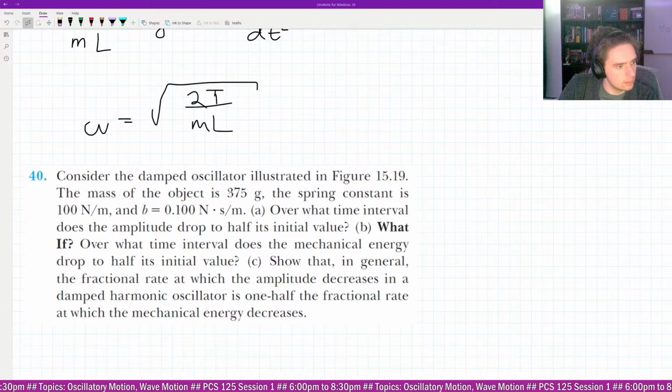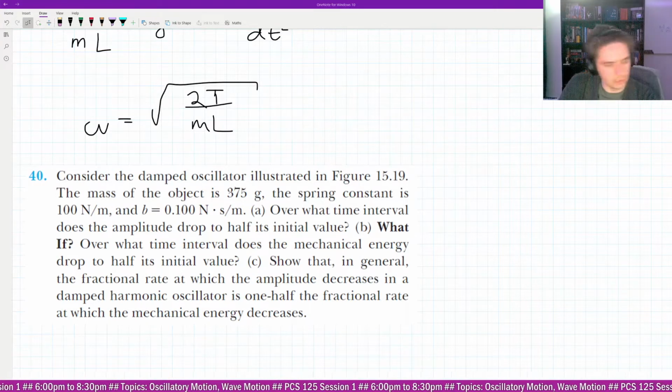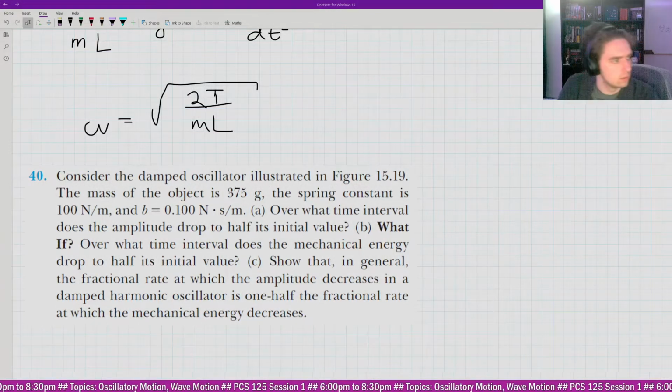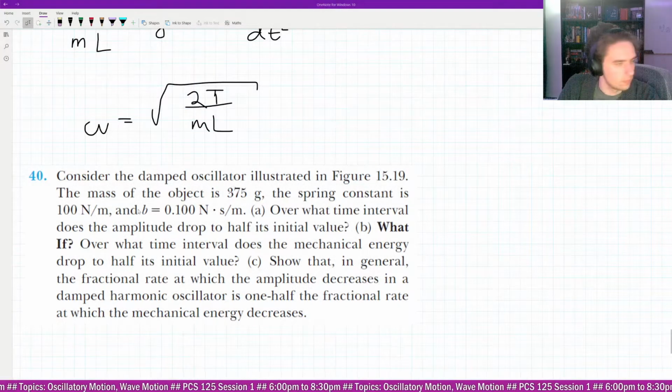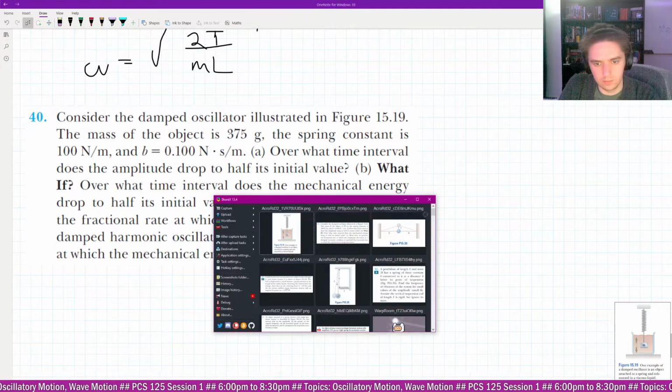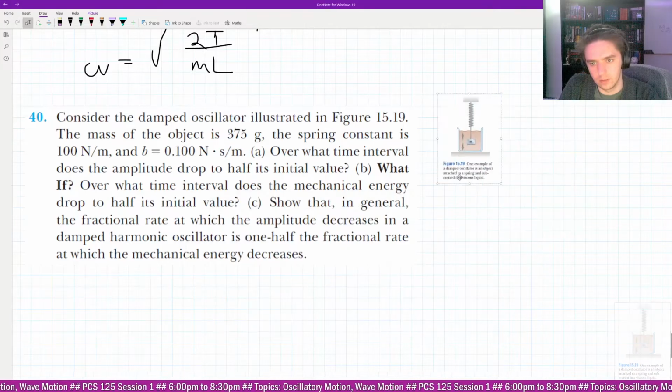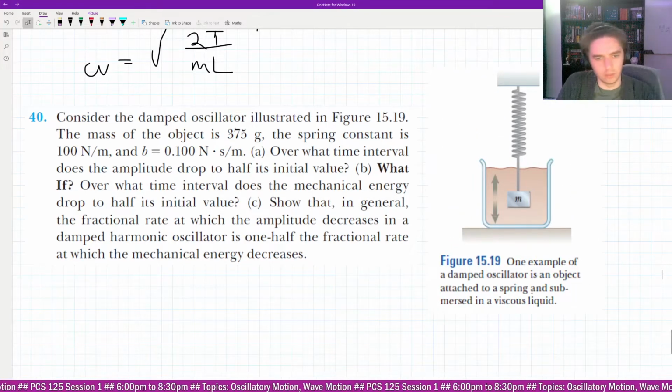I have to actually go in the text. 15.19. Okay, there you go.